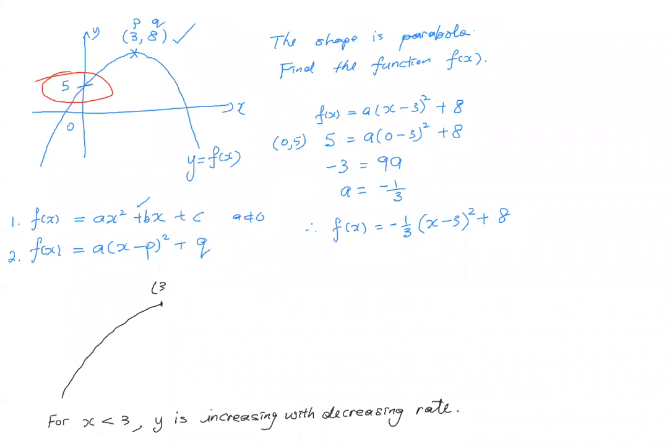Okay, now, next point. At the point where x equals 3, the rate is 0. That means it stopped changing.